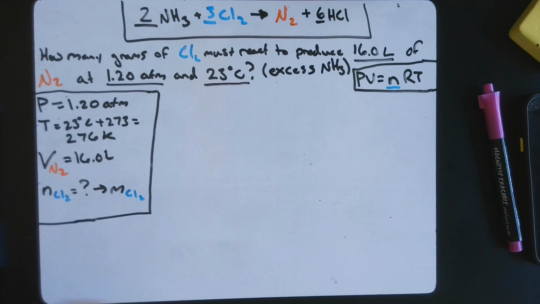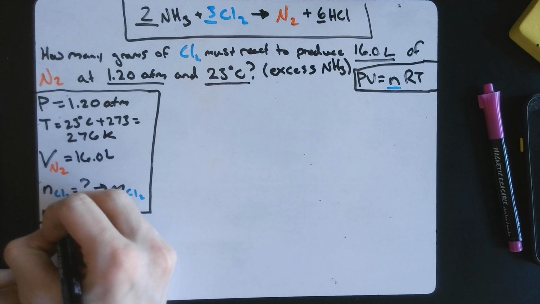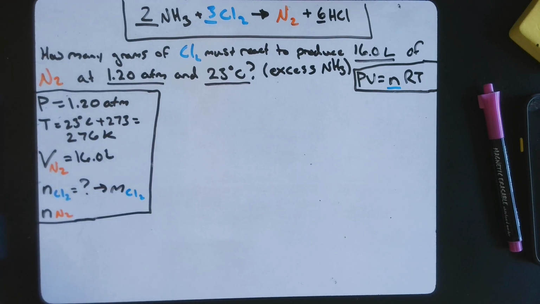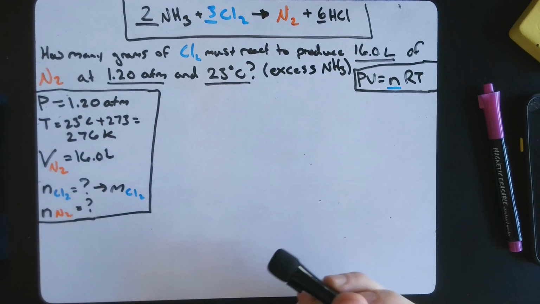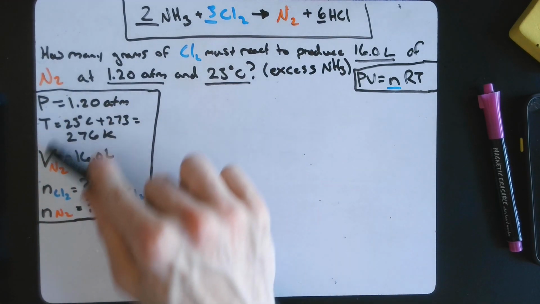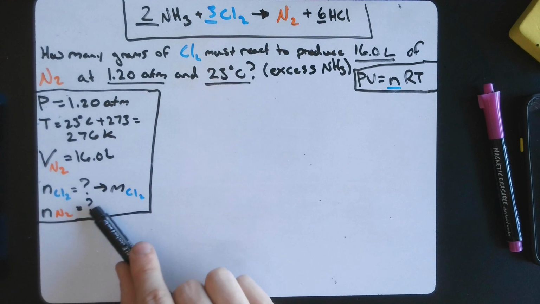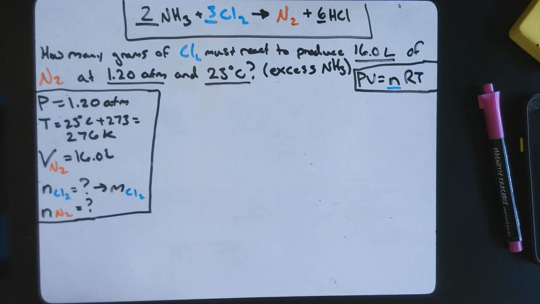So our other issue here is we don't know N of nitrogen. Okay? And that's actually a clue as to what we need to get first. We're given loads of information with one missing part. So, can you take a guess?